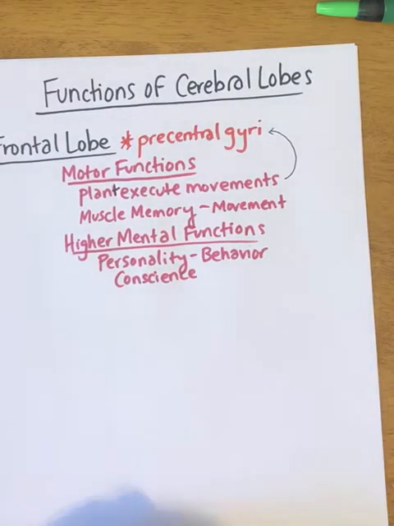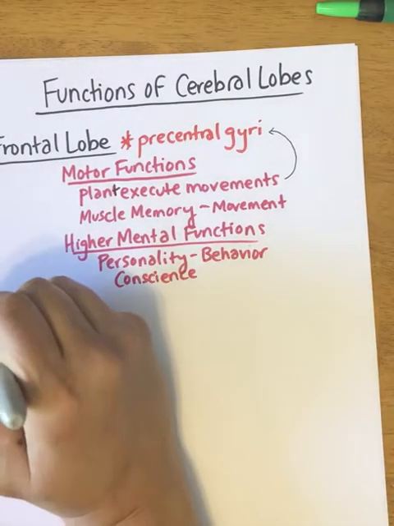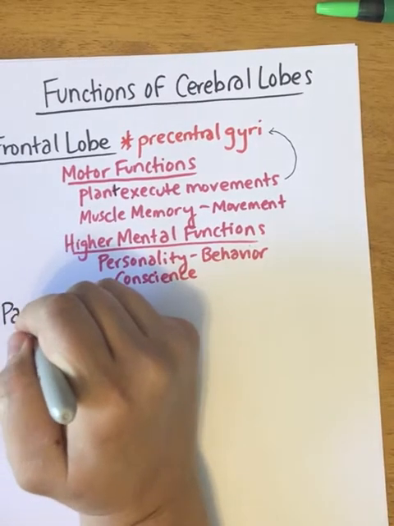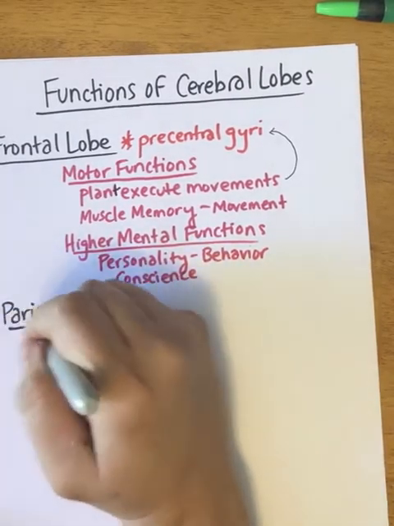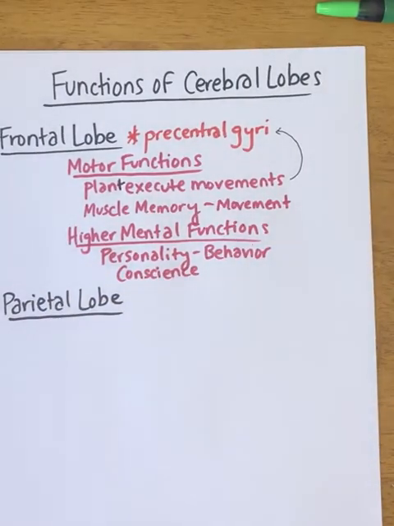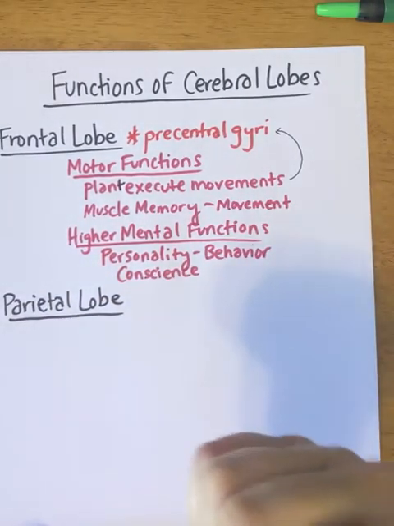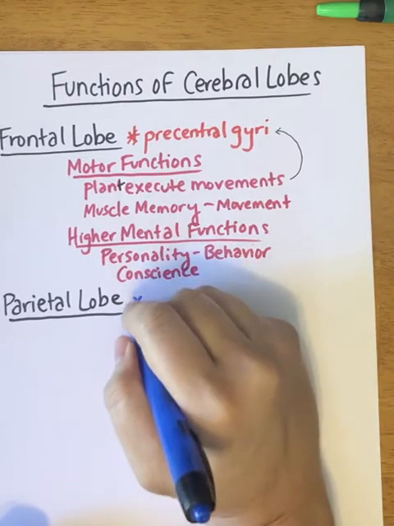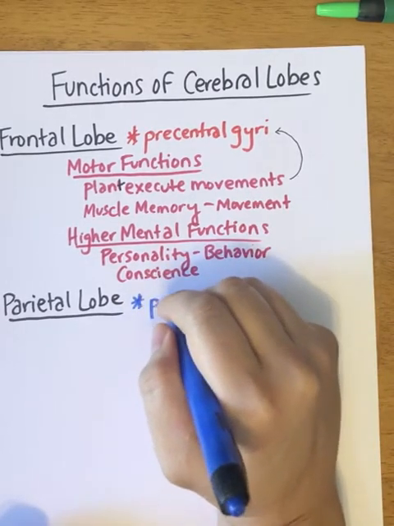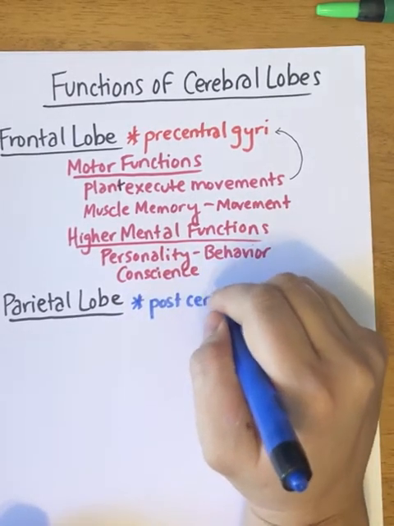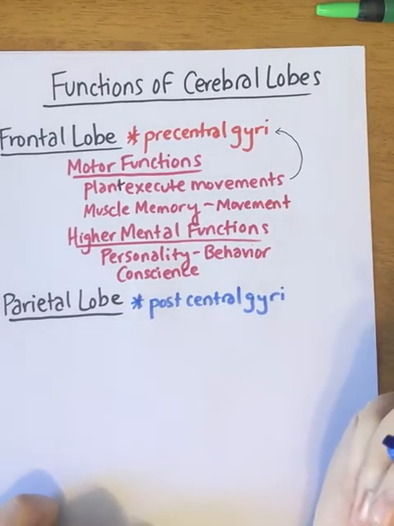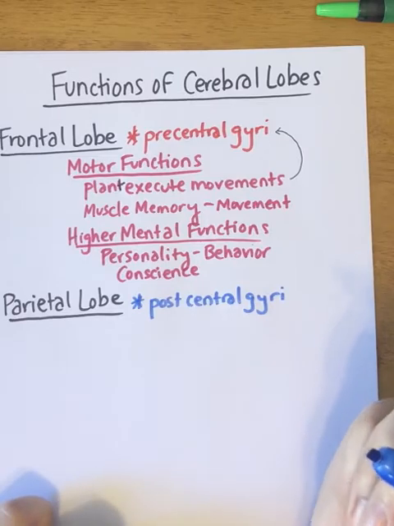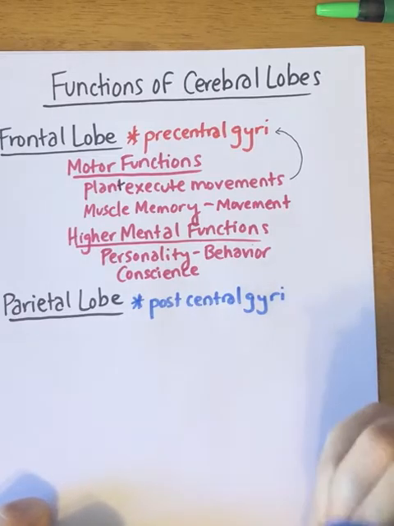Okay, now your second lobe, your parietal lobe. What color did I use? I used blue. So this has your postcentral gyri. That is the most important thing for the parietal lobe as far as location.